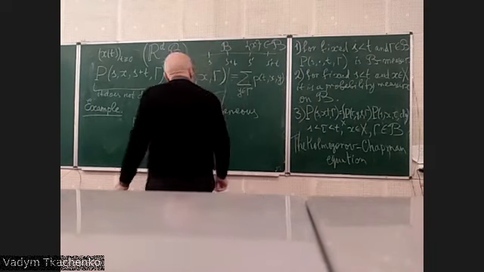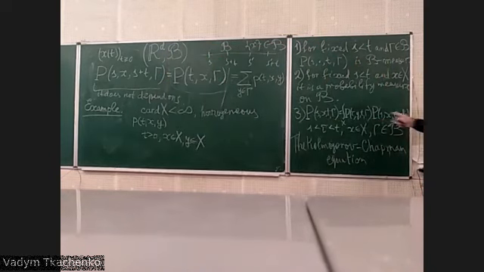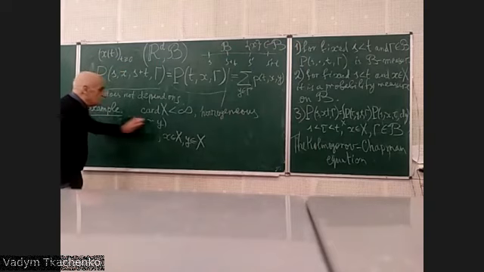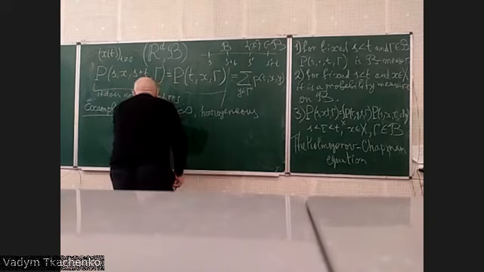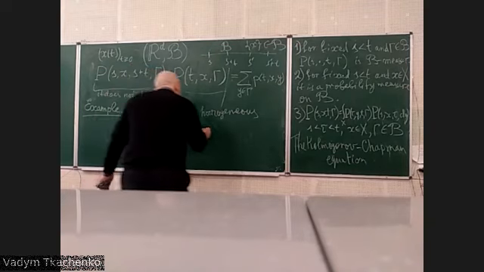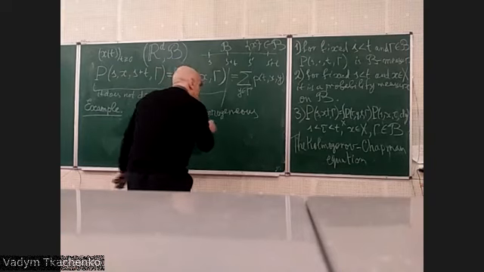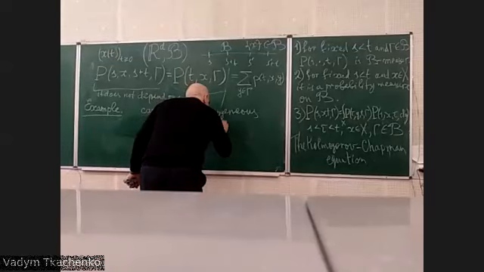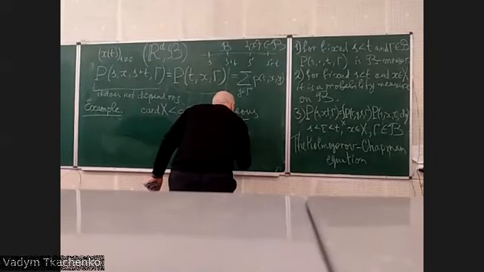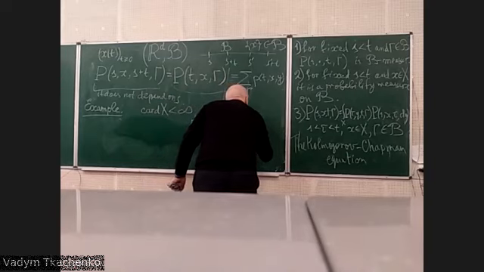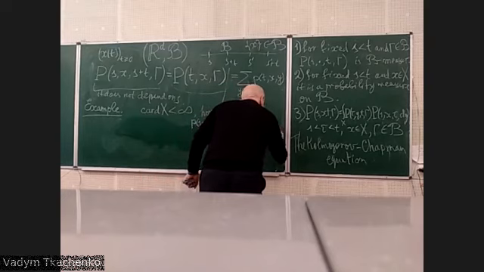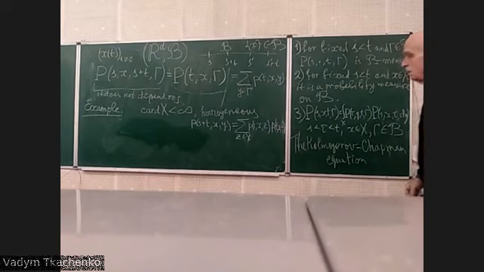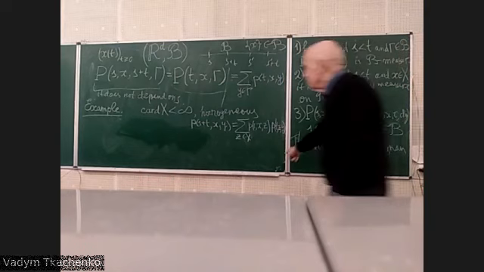Now, let us consider this equality. That equality in our situation means that P(s+t, x, y) equals the sum over z from X of P(s, x, z) P(t, z, y). It is not difficult to understand.